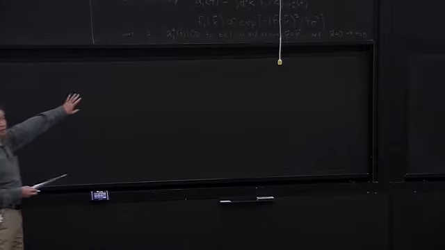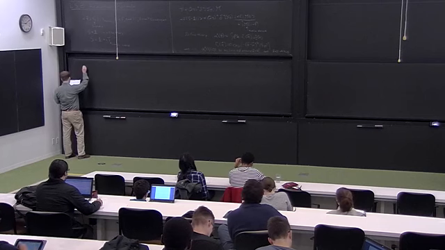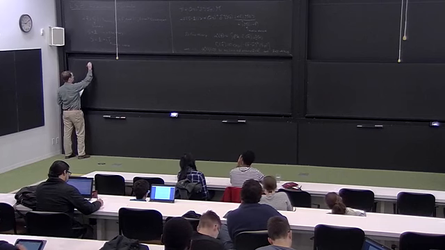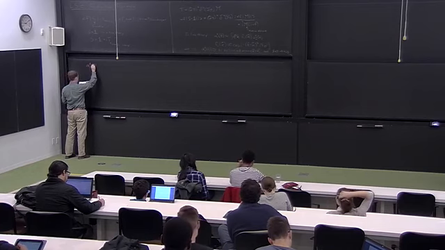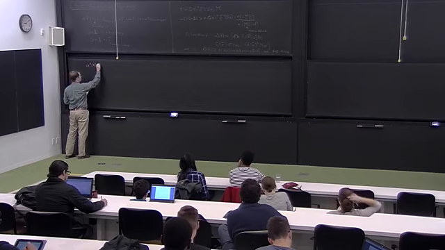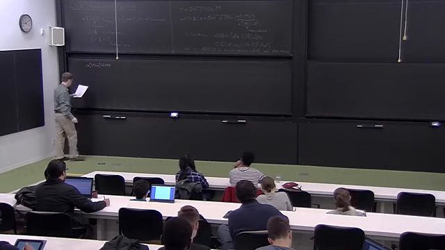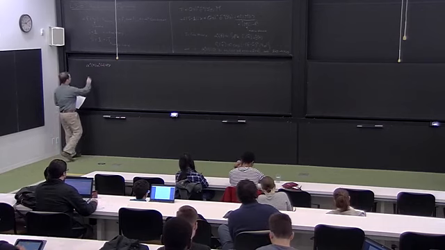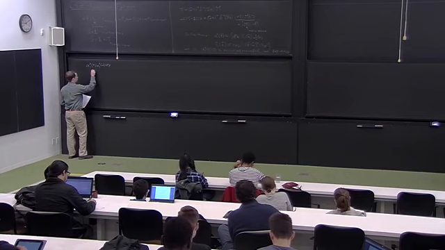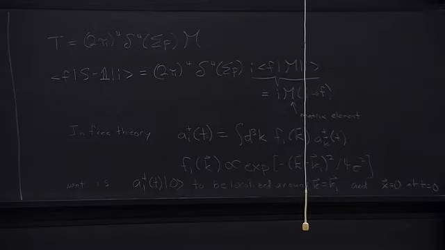OK, so if we have a state like this, we can act with two operators like this and consider a state A1 dagger of t, A2 dagger of t, acting on the vacuum, where we want k1 not to be the same as k2.